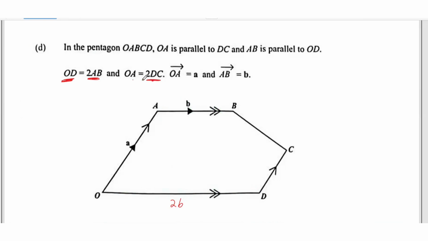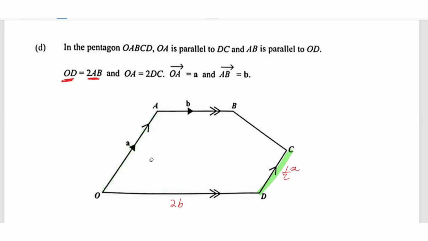In other words, if I multiply DC by 2, I'm going to get this, or if I half OA, I'm going to get DC. So OA, which is this, is a. So I'm going to half this to come here. So basically, based on the information, DC is a half a.